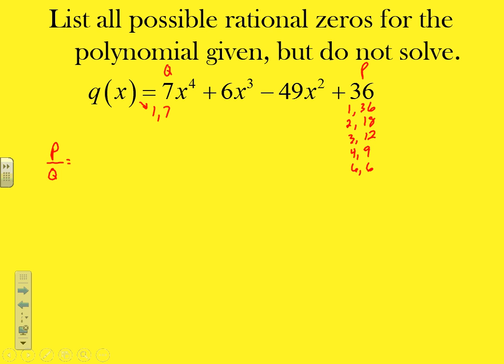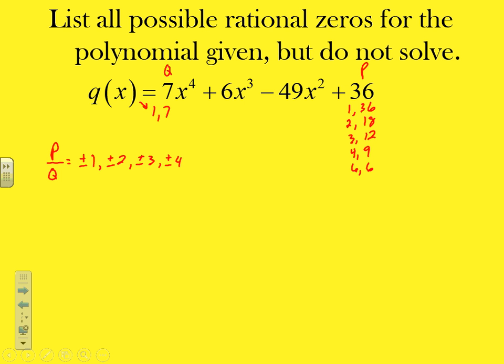So looking at the factors of p, if I say 1 over 1, that would give me a positive or a negative 1. 2 over 1 would give me a positive or a negative 2. 3 over 1, positive or negative 3, and so on. If I say over 1, it's just going to work out to be those numbers. So let me take the time to write them out.